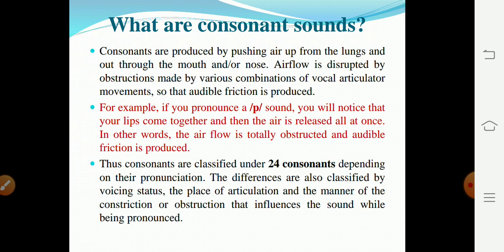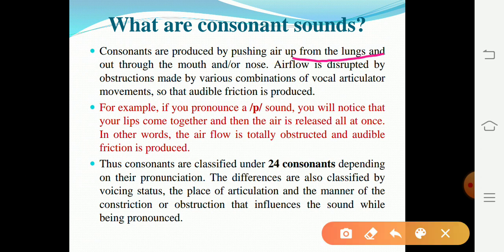Consonants are produced by pushing air from the lungs and out through the mouth and or nose. Airflow is disrupted. Disrupted means interrupted by obstructions. Obstruction means blocking made by various combinations of vocal articulator movements so that audible friction is produced. Here we can look at an example.